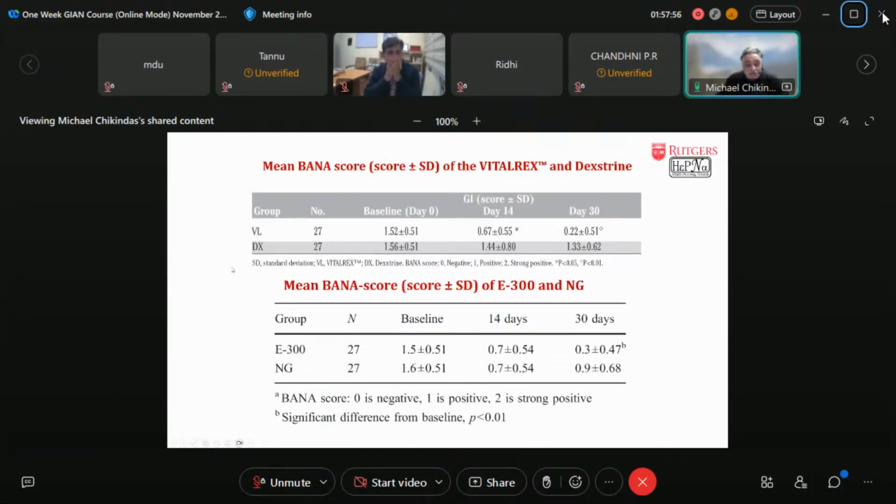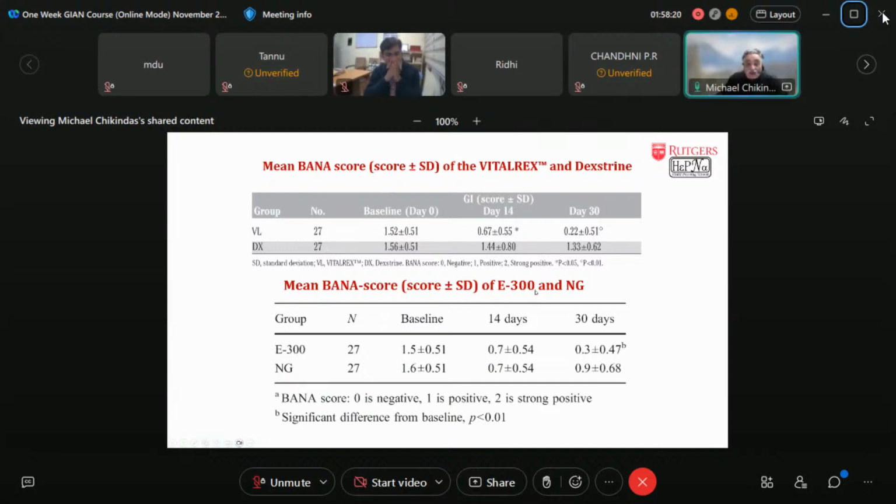So what we have here are some of the examples. The BANA score of the Vital Rex and dextrin. Dextrin, of course, is the control in these cases. Okay, and what we have is that Vital Rex is performing reasonably well compared to the control.